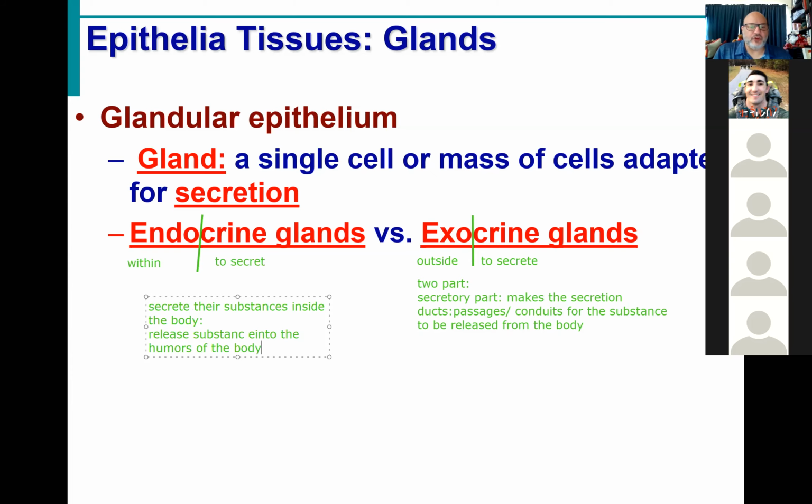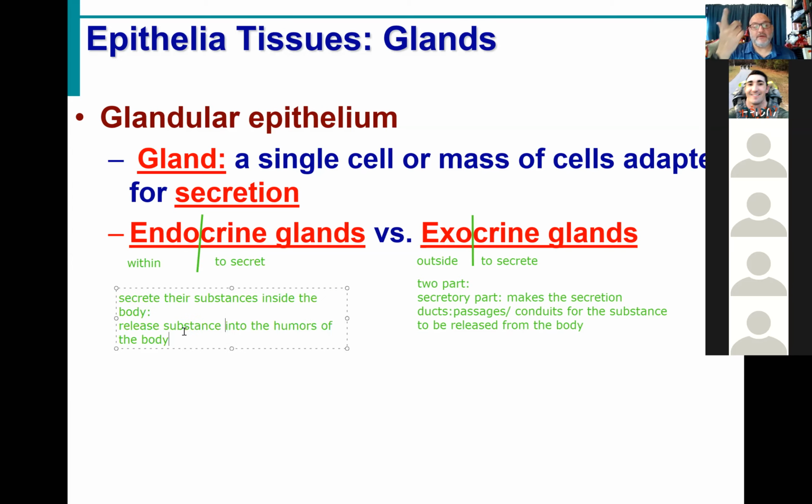What do I mean by the humors of the body? What are the humors? Are those the funny things? No, that's the humerus. The humors of the body are basically the fluids of the body, right? And in this case, primarily, they release into the interstitial fluid.